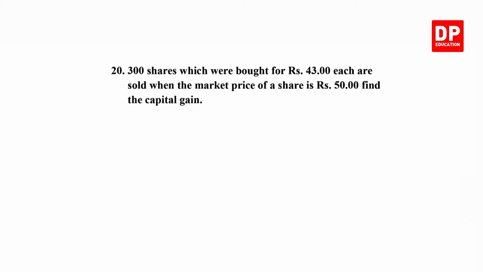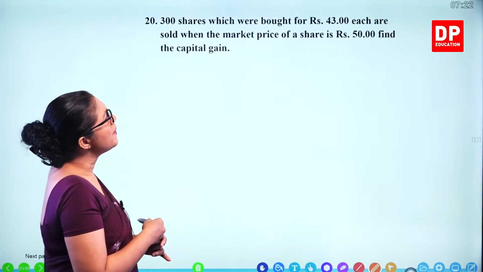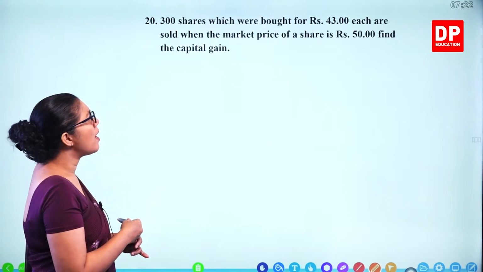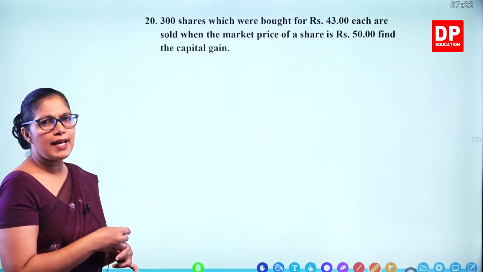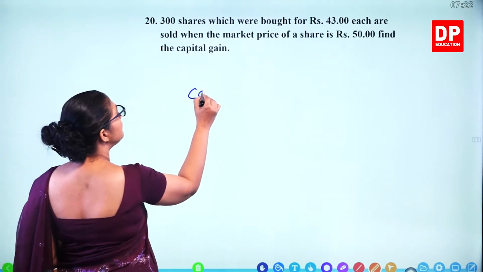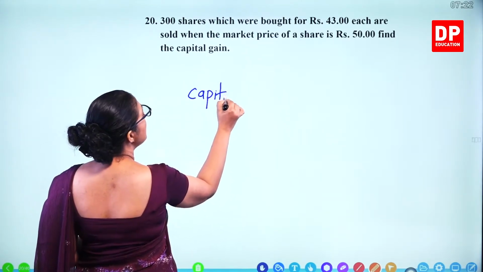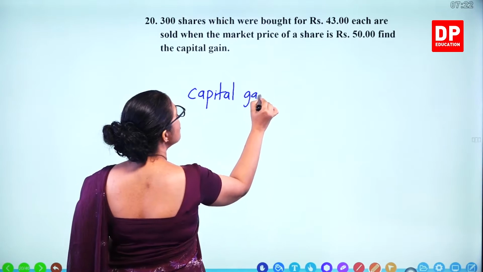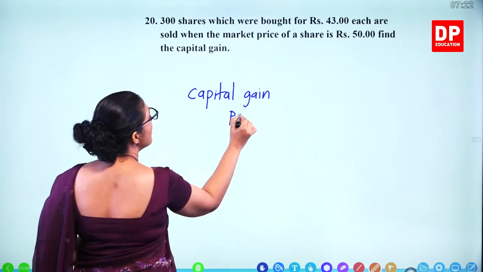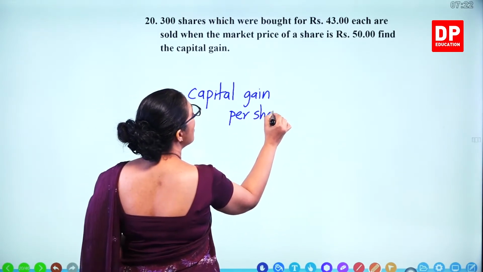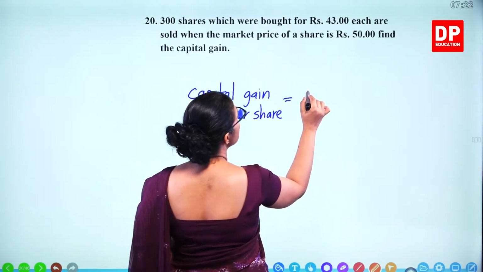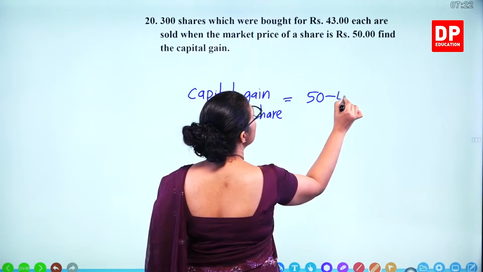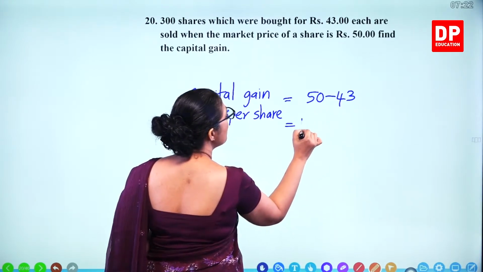Question number 20. 300 shares which were bought for 43 rupees each are sold when the market price of a share is 50 rupees. Find the capital gain. What is capital gain? Capital gain per share first. Per share, that's the difference between the selling price and the buying price. 50 minus 43, that's 7 rupees.